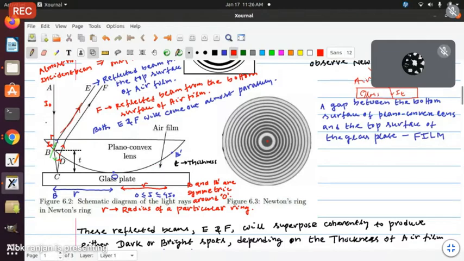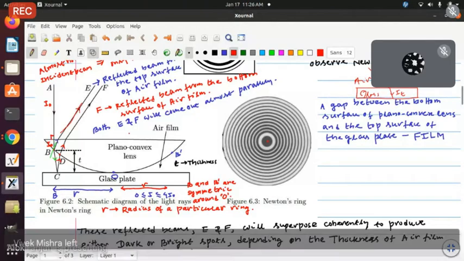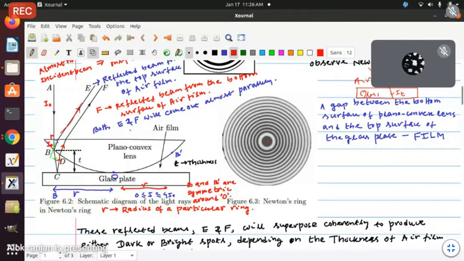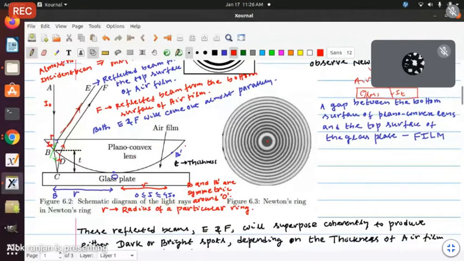So this portion of the curvature must be part of an imaginary sphere, because it's three dimensions. Therefore, I'll call it a sphere rather than a circle. This portion must be a part of an imaginary sphere which has a certain radius, and that radius is known as the radius of curvature of this convex side of the plano-convex lens. And if the radius of curvature is very, very large, then this convex side will be almost flat or almost plane.